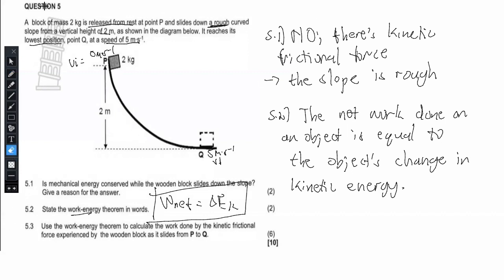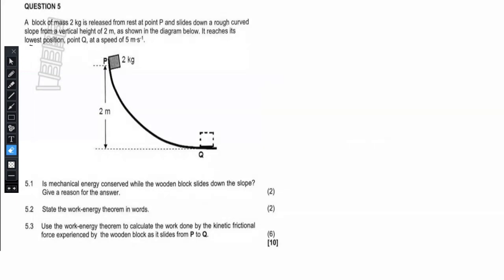Then 5.3 says, use the work energy theorem to calculate the work done by the kinetic frictional force experienced by the wooden block as it slides from P to Q. Note, they say use the work energy theorem. And I've also hinted you to that trend in the exam, whereby if they ask you to define a certain theorem, then you are bound to use it in the question below, right?